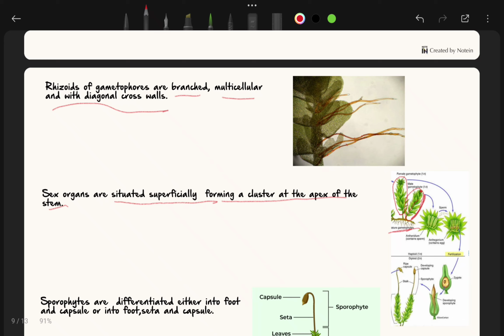The antheridium is present inside at the tip, and you also find archegoniophore at the tip of the female gametophyte here. During fertilization, the sperm will swim towards the egg and fertilize it, and a zygote will be formed, and through the zygote the sporophyte will be produced.